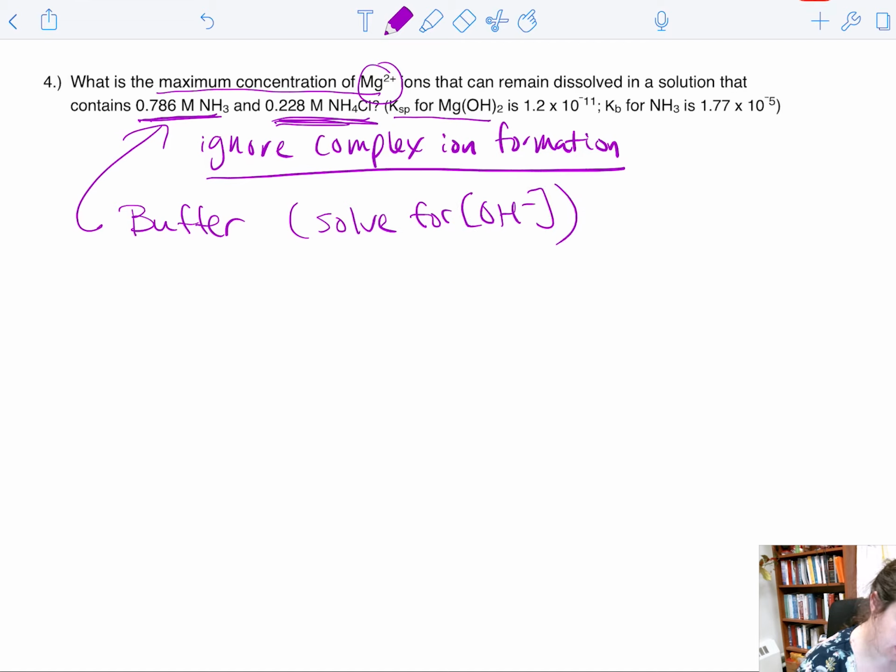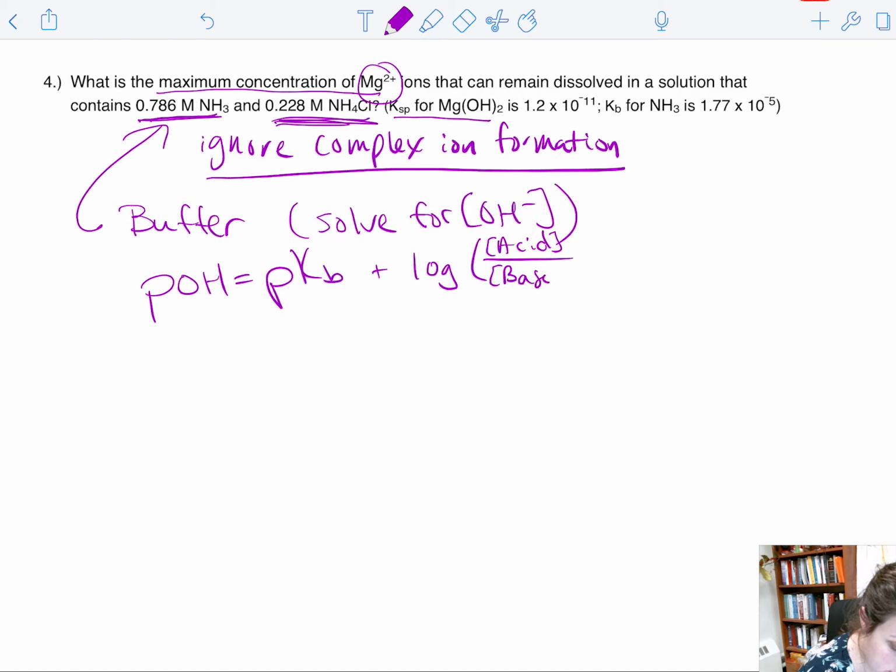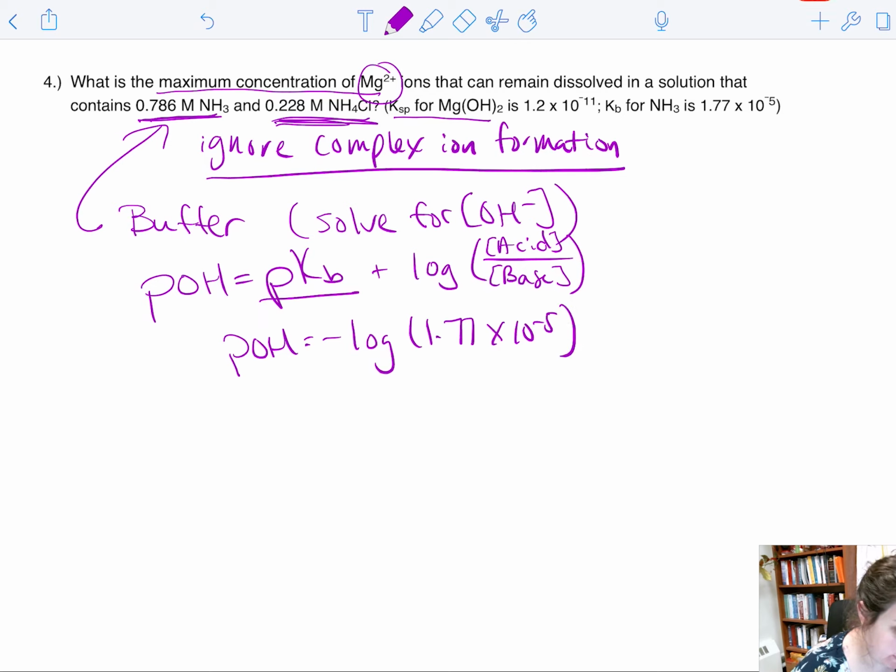So the very first thing we want to do is solve for our hydroxide concentration. We're going to use Henderson-Hasselbalch. So pOH is equal to pKb plus log of acid over base. So our pOH is equal to negative log of 1.77 times 10 to the negative 5. pKb is equal to negative log Kb, which is what I've just put in, as we have our Kb value right here.